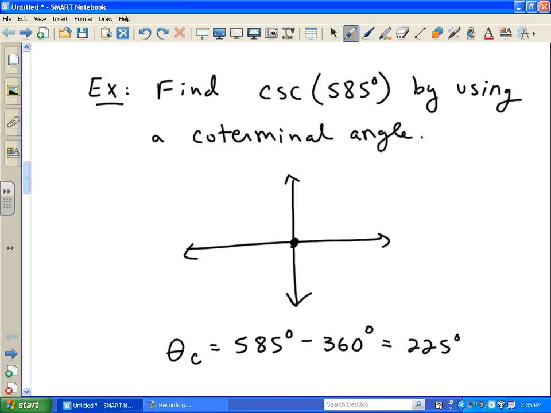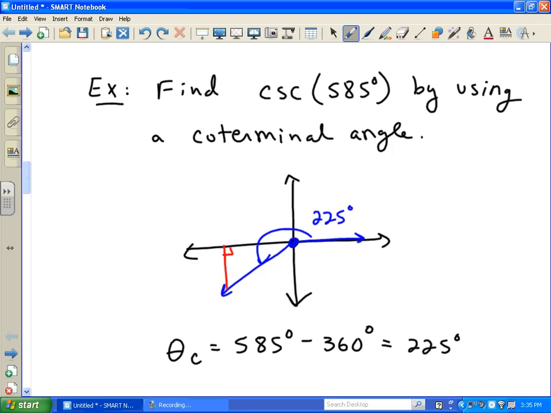Okay, that angle is going to be located in quadrant 3. There's 225 degrees. Okay, you see on this particular one, I actually now need to use a reference angle to create a triangle in that location. So what I'll do now is I will do a reference angle.